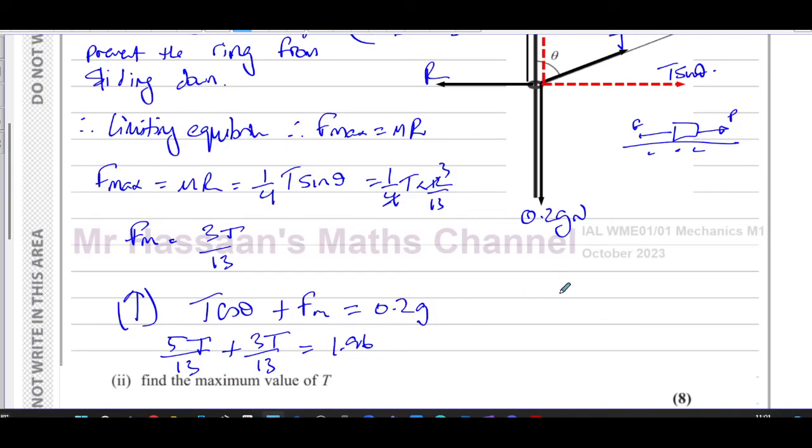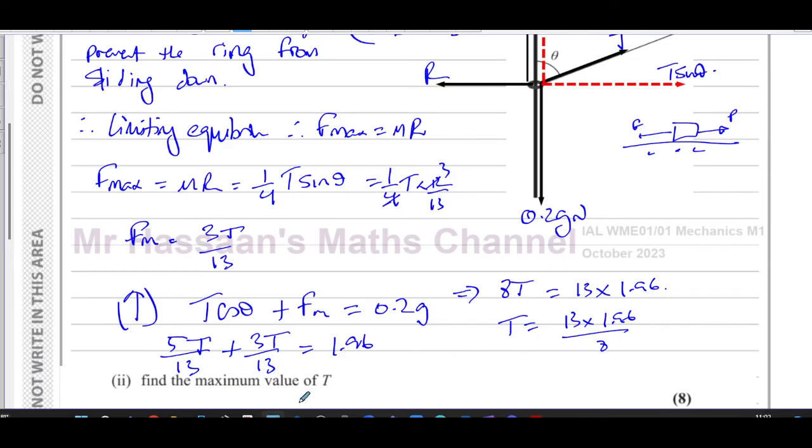So therefore, we're going to end up getting 8T equal to 13 times 1.96. So T is going to be 13 times 1.96 over 8. Just have a common denominator there.